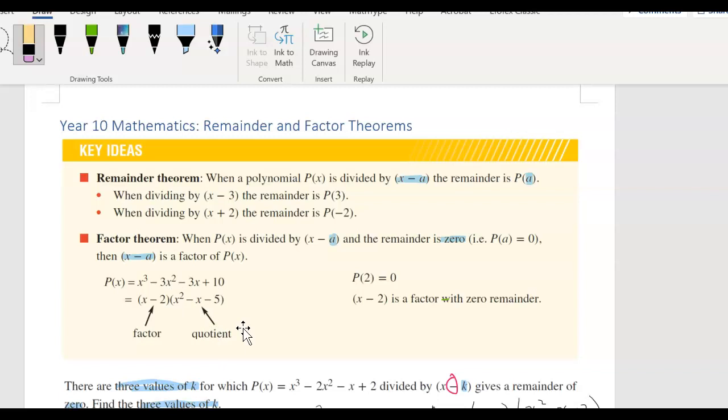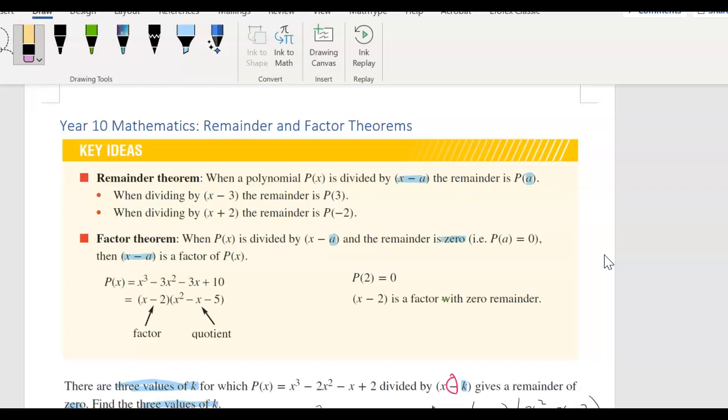Now, if you can't factorize it by doing two numbers that multiply to give you 5 and add to give you -1, like this one here, you need to factorize using the quadratic formula, but we're not going to do that at year 10. Okay, so you'll be given ones that you can easily do. Otherwise, in year 11 and 12, you'd go in and use the quadratic formula, but we're not going to do that. All right, very tricky stuff.